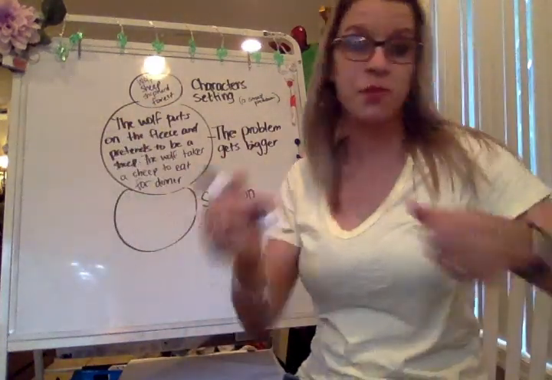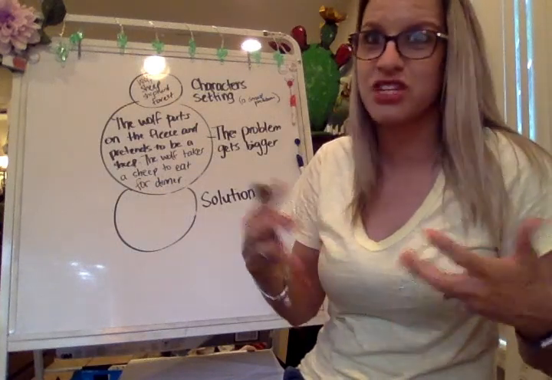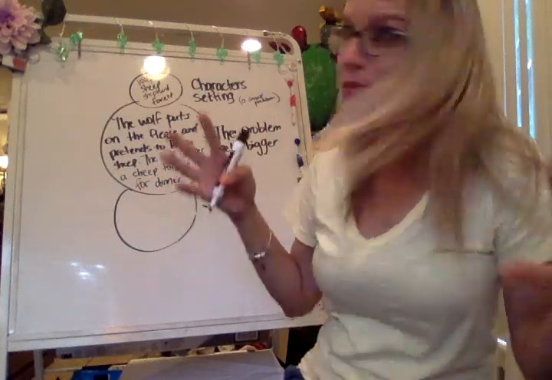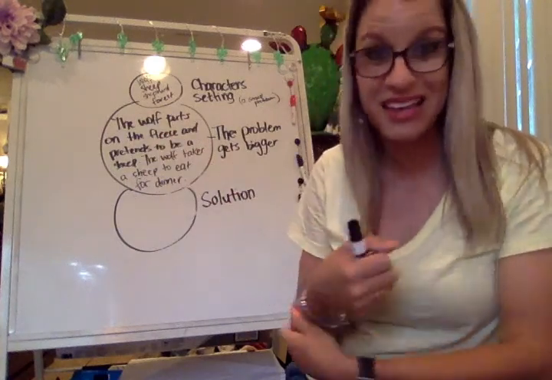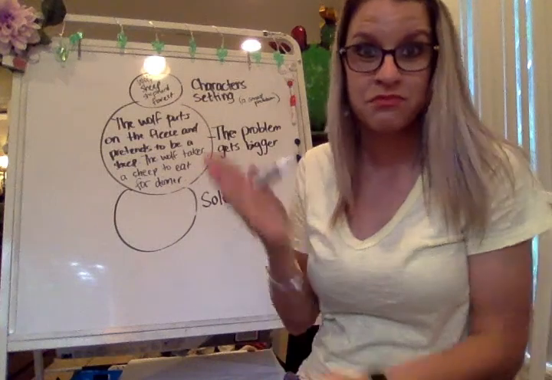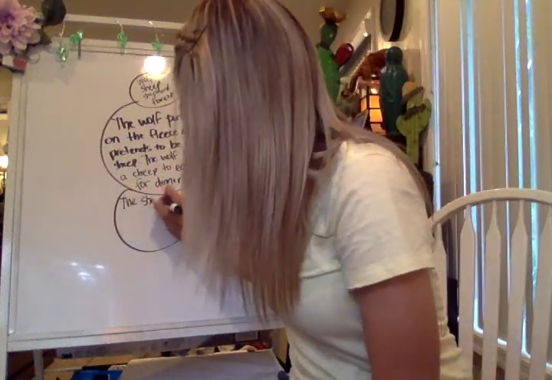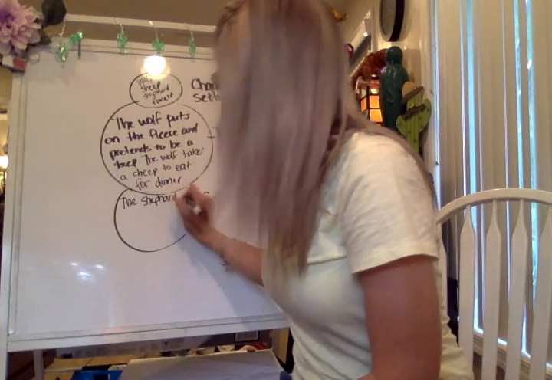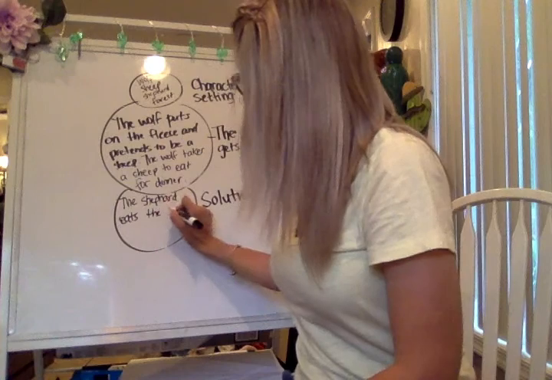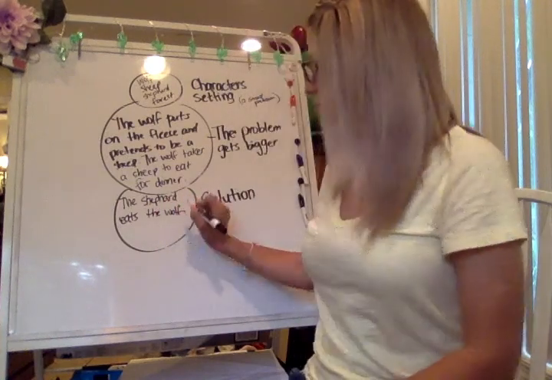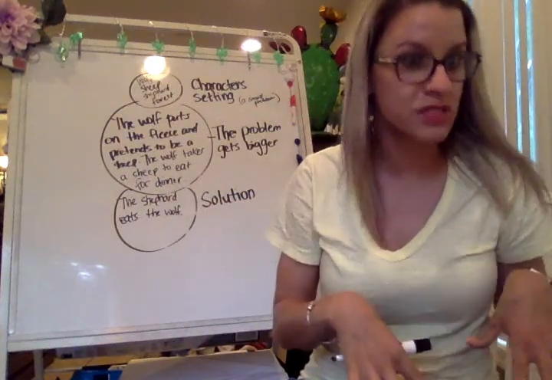The shepherd scoops up that wolf that's really dressed as a sheep, and eats him. And that's how the problem stops. So the shepherd eats the wolf.